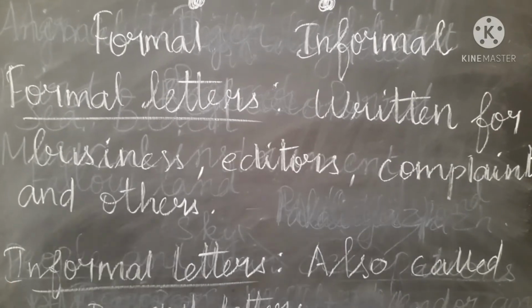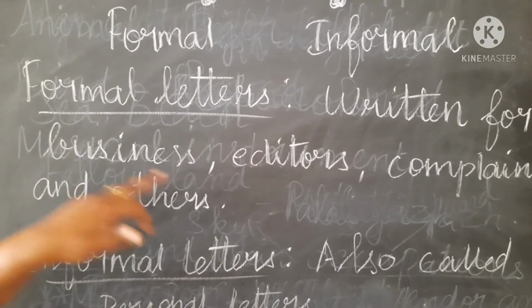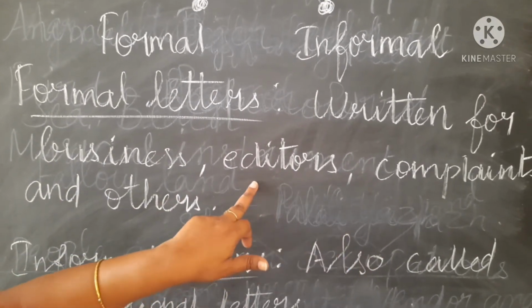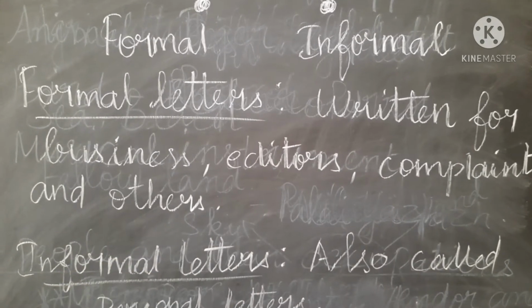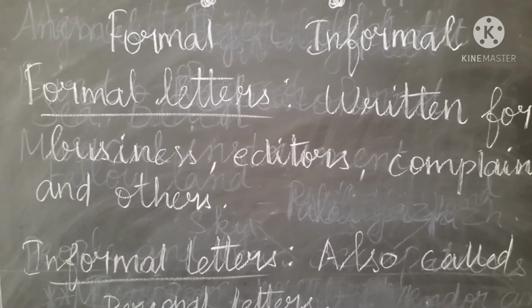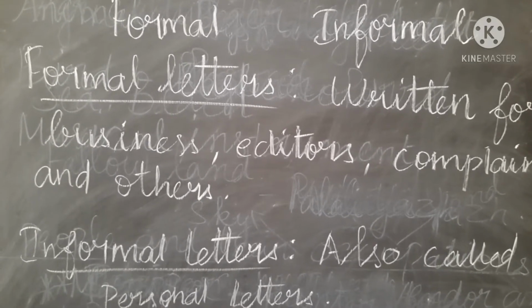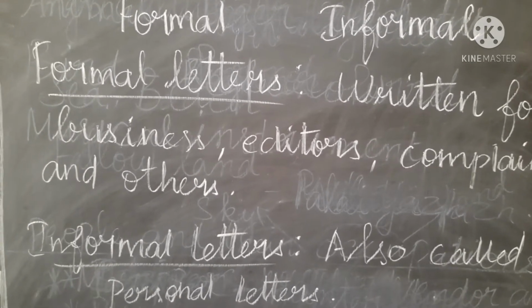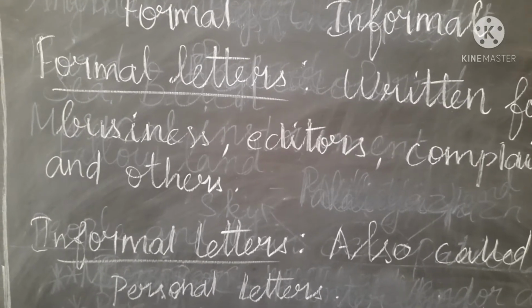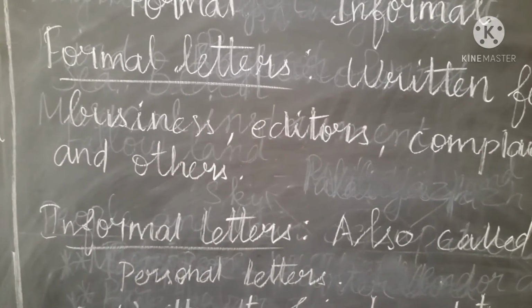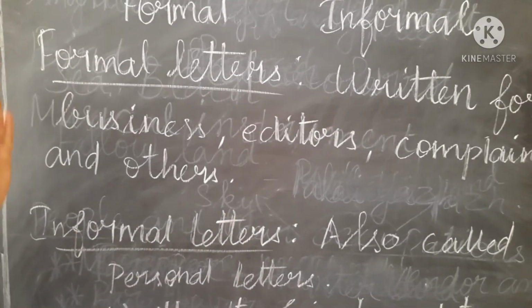That is the form of formal letters. We write to complain and to editors, and we also write a letter for the sports book. If we are in need of a sports book, we will write a letter to the company. That type of letter comes under formal letters.